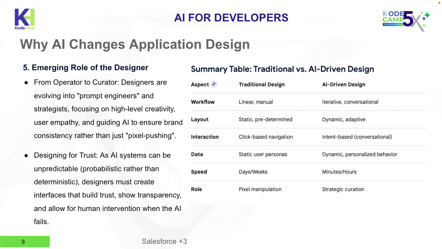But this is made more difficult by the fact that, yes, AI is unpredictable and it's probabilistic rather than deterministic. So, as a designer, you have to create an interface that will build trust and show transparency. Transparency is very important. I think it's probably the most important aspect. People need to know what's going on behind the scenes, what is going on in the mind of the AI.